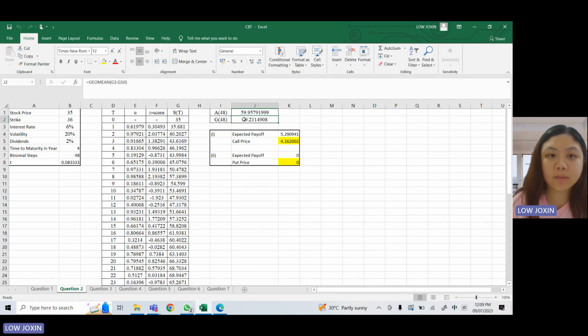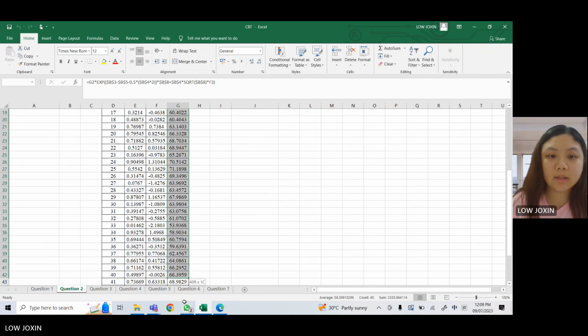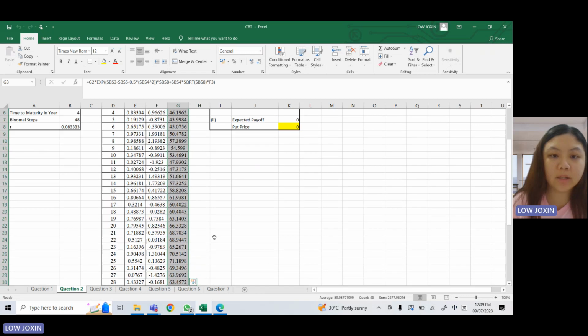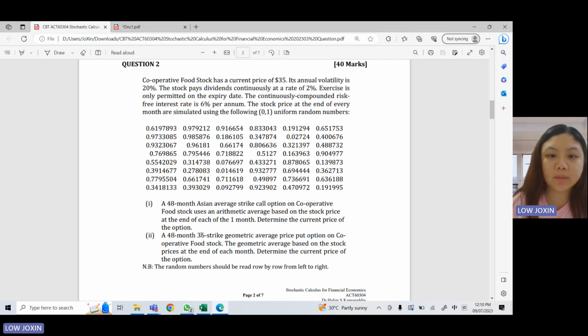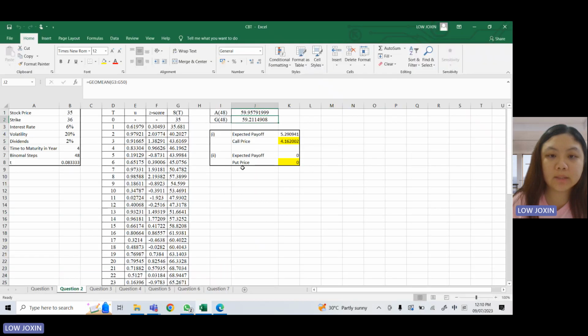So geometric means that we will multiply all of these and raise to the power 1 over 48. So basically it's this, 59.2114908.